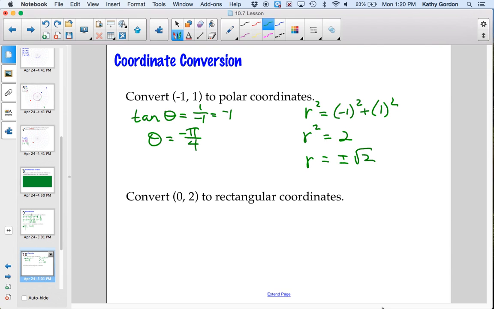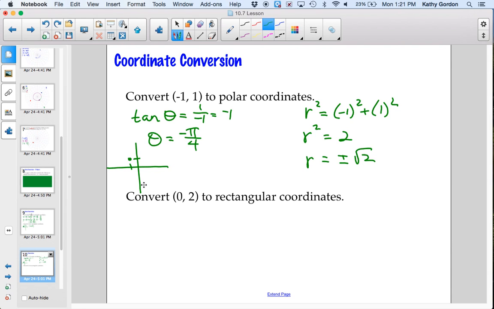Now, the reason I took a deep breath and waited for you to give me plus or minus square root of 2 is because now, when we go to figure out what this really should be, we've got options. We can go positive or negative for r to make this work. And so you want to think for a second, where actually is negative 1, 1? What quadrant are we talking about? Second, negative 1, positive 1. We're talking about a point that's right about there.